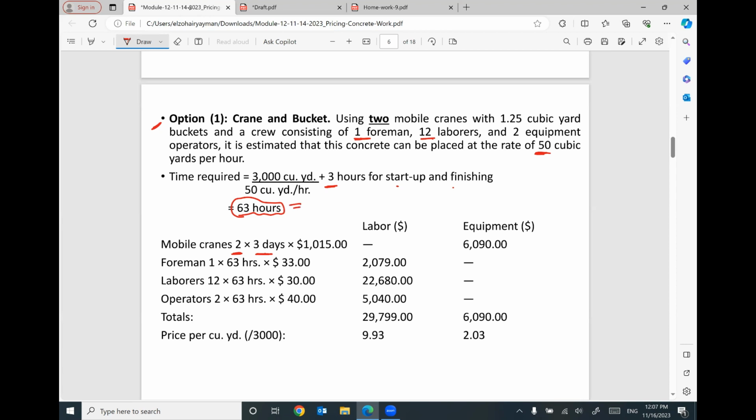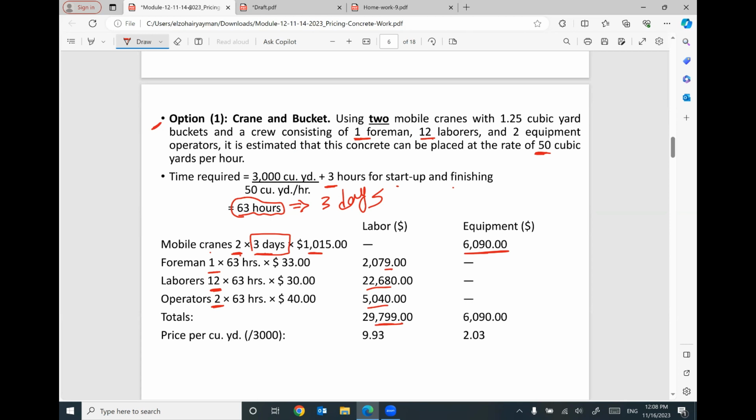This 63 hours can be converted to 3 days of continuous work. So we need 3 days of rent for this crane, and we have 2 cranes, and the cost per day for 1 crane is $1,015. So I can figure out how much it costs for the equipment. And I need 1 foreman, 12 laborers, and 2 equipment operators, so I can figure out the cost for the crew.